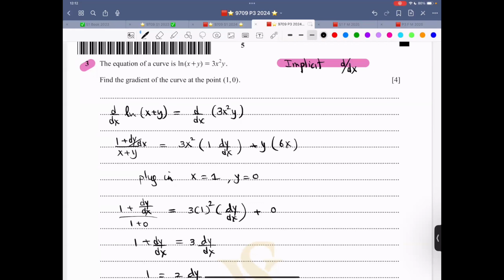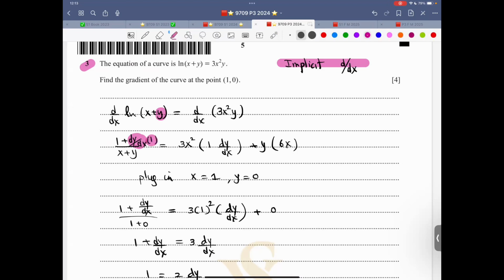The rule of implicit differentiation is that wherever you differentiate y, dy by dx will appear. Derivative of x is 1, derivative of y is 1 into dy by dx. Make a habit of writing this one also, so that is also part of this.